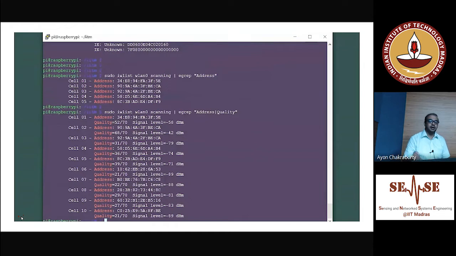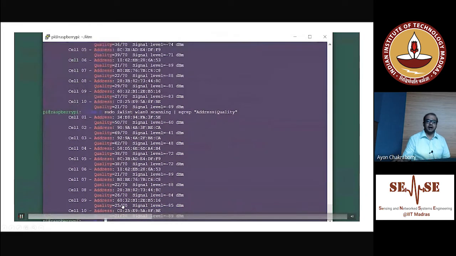Whenever a new signal strength value is recorded, the corresponding entry for that particular access point will be updated with the latest signal strength that you are receiving. And you can maintain some statistics, such as the standard deviation.